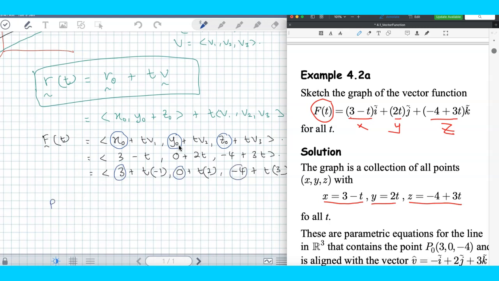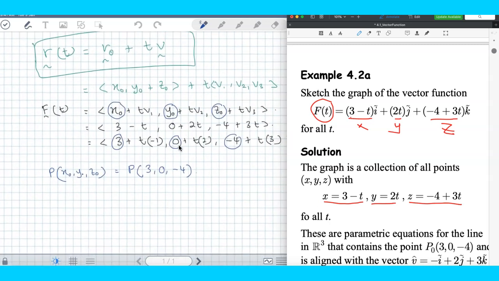Now we have the point P at x naught, y naught, z naught. We know the point is at 3, 0, minus 4. That is the point which is passing through the line. And also we can obtain the v, right?